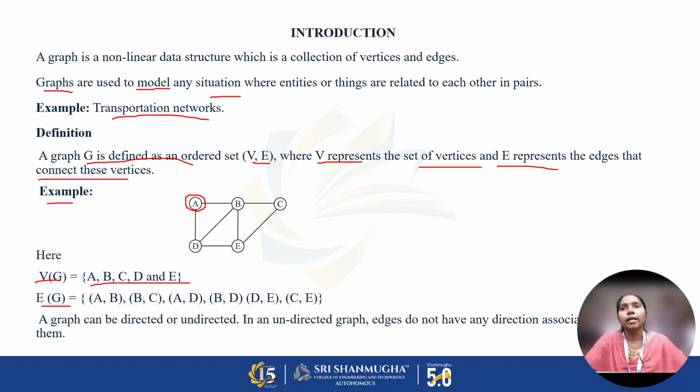E of G has the edges A,B as one edge, similarly B,C as another edge, the third is A,D, and B,D. D,E is one edge, and C,E is also another edge. The vertices are called V of G and the edges are called E of G.